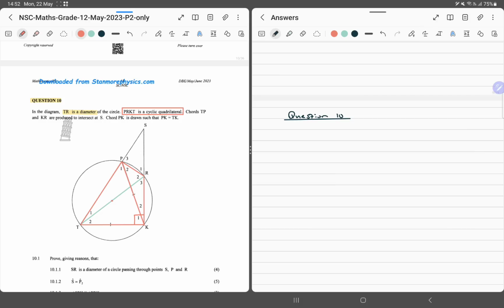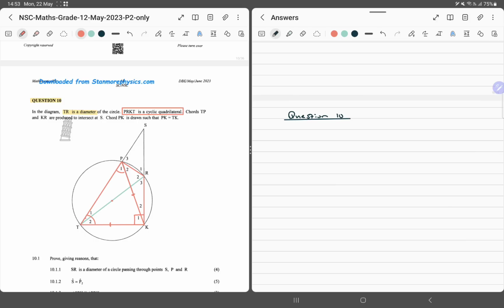Do you see this one is equal to that one? If that is the case, it means this angle is equal to that angle, because those are base angles of an isosceles triangle.